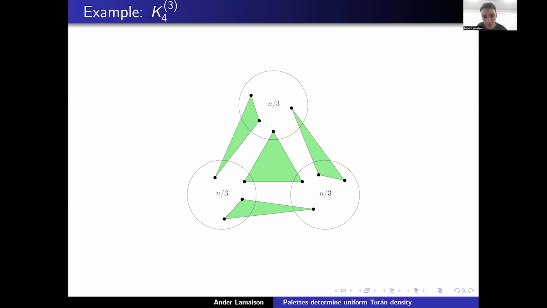But the remarkable thing about it is that you notice it has its vertex set split into 3 equal parts, and each of these 3 parts does not contain any edge. So we have 3 independent sets of linear size, in fact n/3.